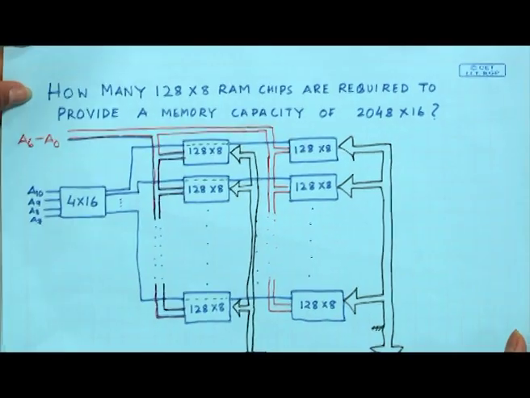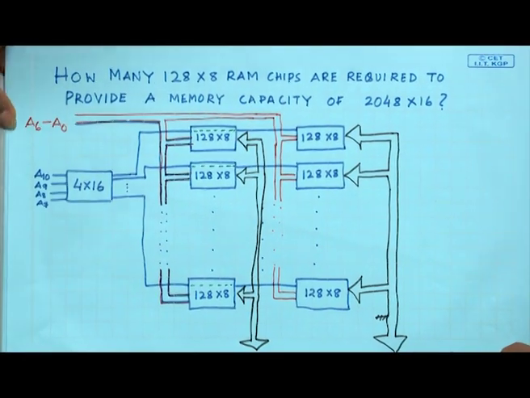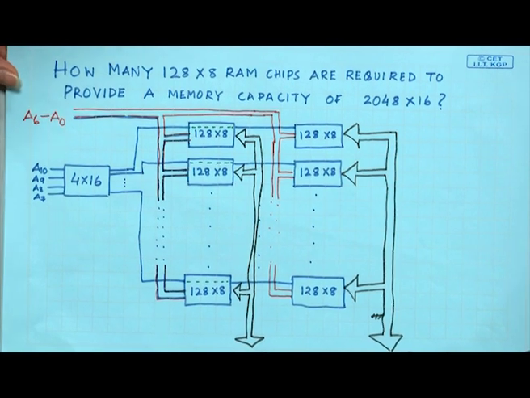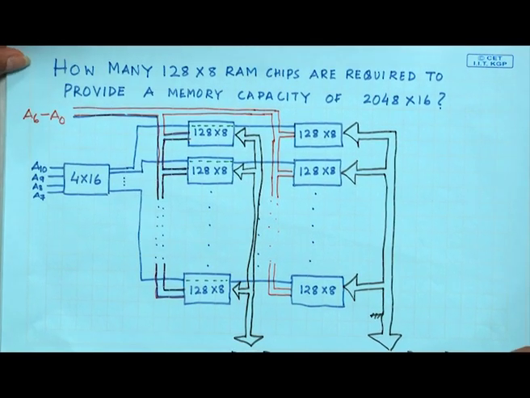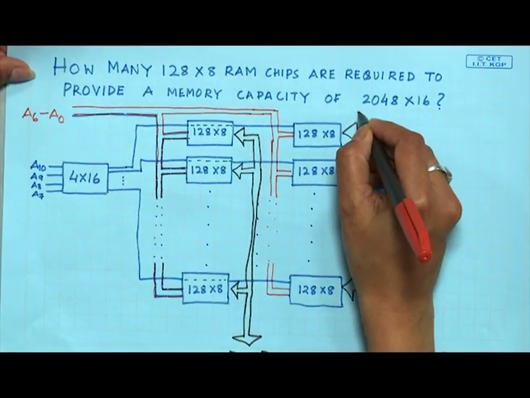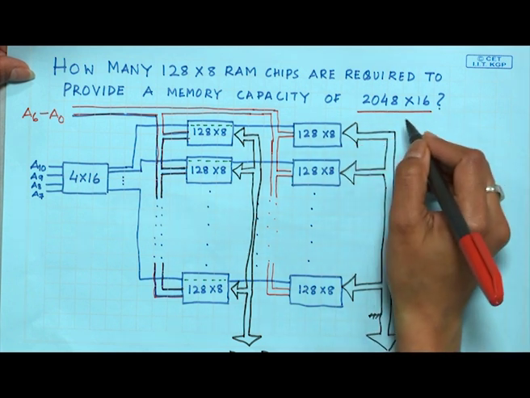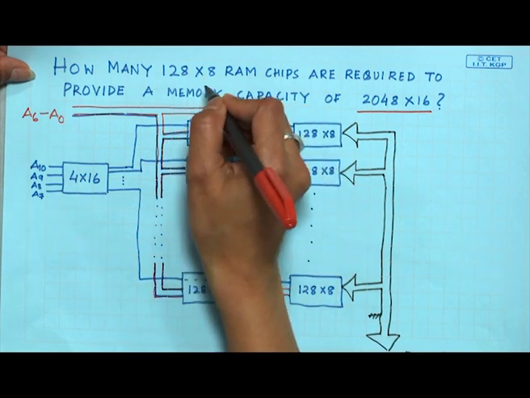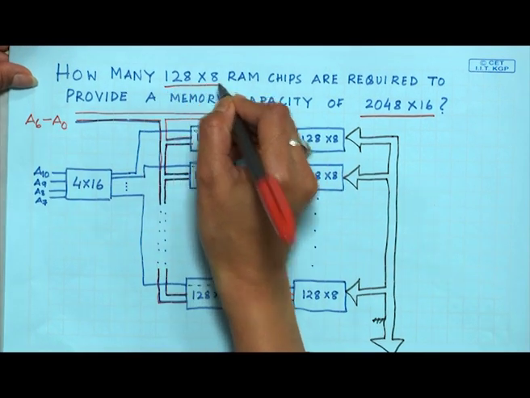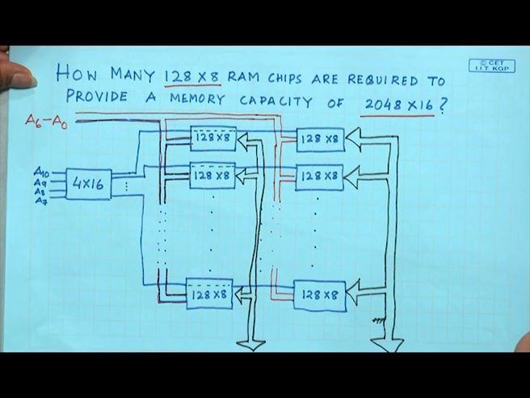We will take another example, where we need a capacity of 2048 cross 16, and we have the same chip, which is 128 cross 8.